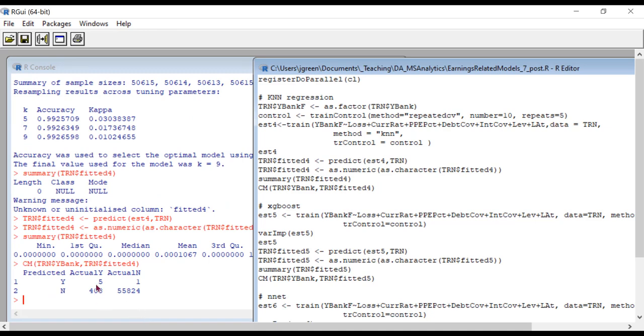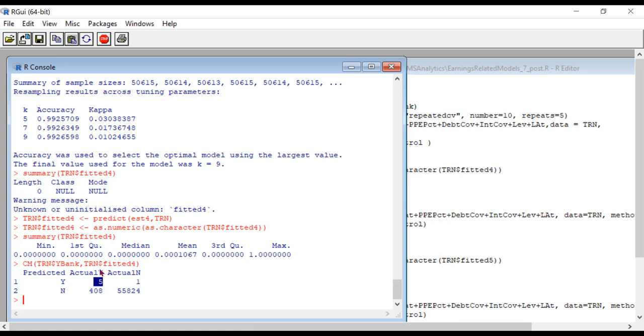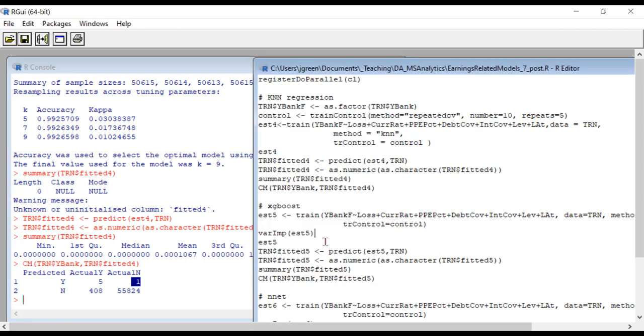For the ones that we predicted, we got 5 where it actually was a bankruptcy, and we predicted it was a bankruptcy. So slightly better on getting it right there. Where it actually was not a bankruptcy, but we predicted it was, there was 1. So maybe we got slightly better when we use that.